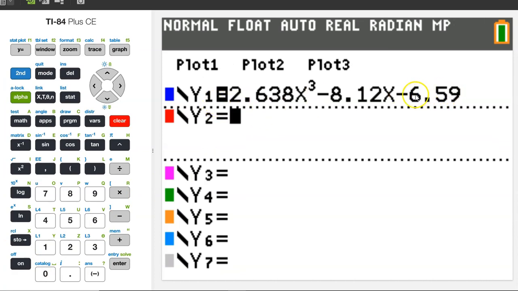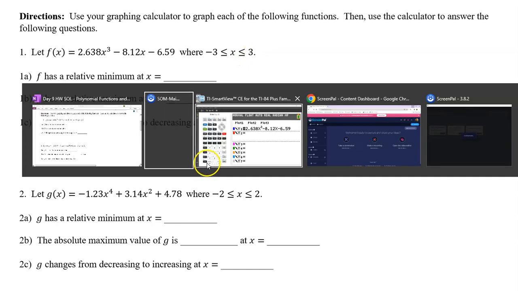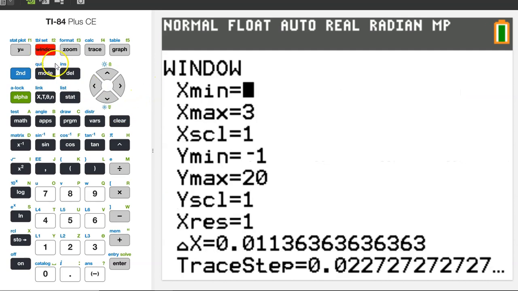Before we start graphing, we need to adjust the window. So let's look back at the assignment. It says where x is between -3 and +3. So that tells us the x min and x max. So hit that window button and let x min be -3 because that was the lower bound, and let x max be +3.